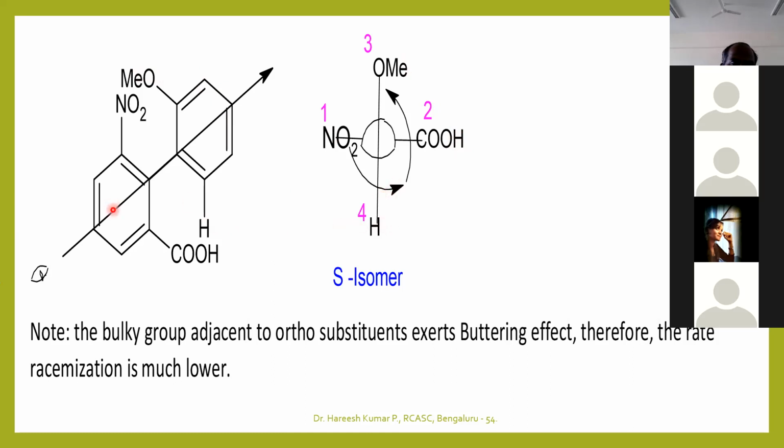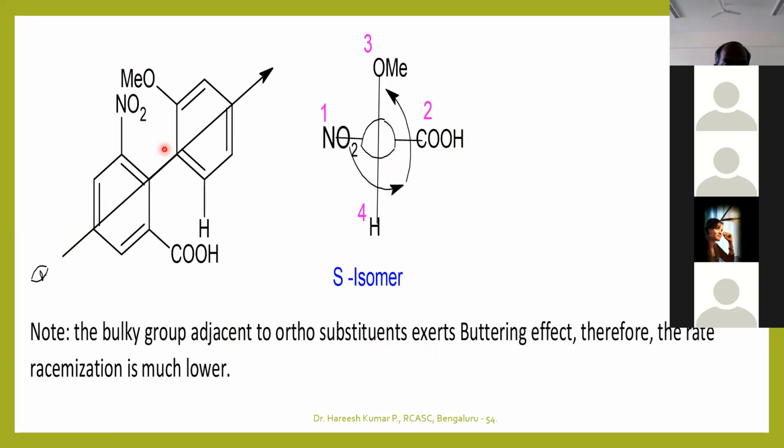And you need to give the priority to these two groups because they are nearer groups. So this will be 1, this will be 2, and this is 3. Then the movement is like this. That means it's an anti-clockwise direction. That is the reason it is S configuration. And here what you need to remember, the bulky groups adjacent to the ortho substituents.